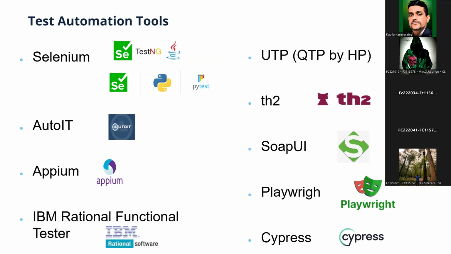Appium is the kind of tool you can use for mobile automation. UFT and IBM Rational are proprietary, commercial tools, but they are also very popular. Cypress is also a little bit popular in the industry. But now everybody is moving to Playwright. That's the industry trend now.